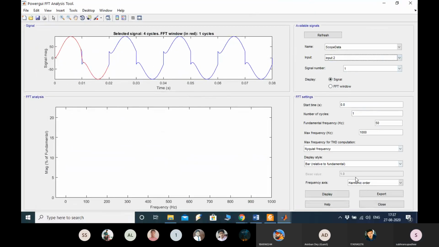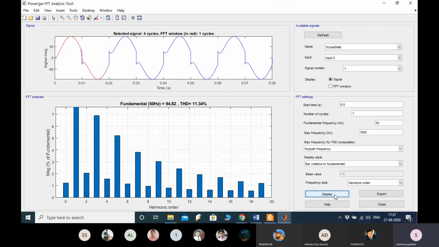Input to harmonic order, display. This is 11.34 THD. So from this we conclude that as we increase the inductance of the load, the THD value of the source current also increases.